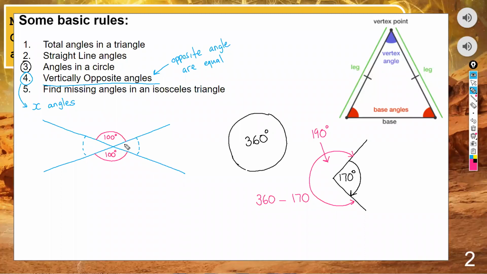You can't ask for anything easier than that, okay? So that means if the blue angle was 80 degrees, the angle opposite that one would also be 80 degrees without any further calculation.